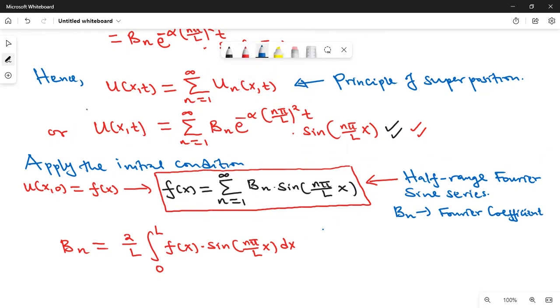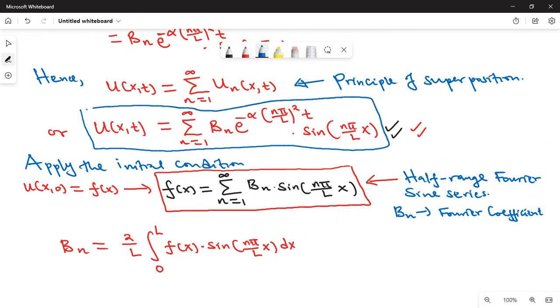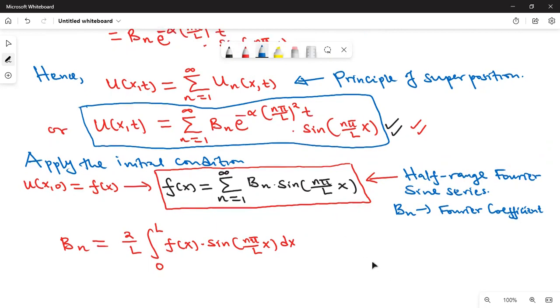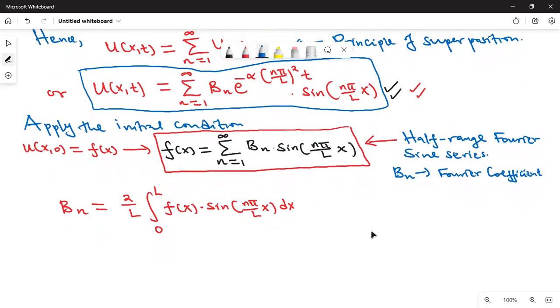So I'm going to replace it here in this equation to get the particular solution. So that equation will now become, hence, our particular solution u of x,t equals the sum from n equals 1 to infinity.